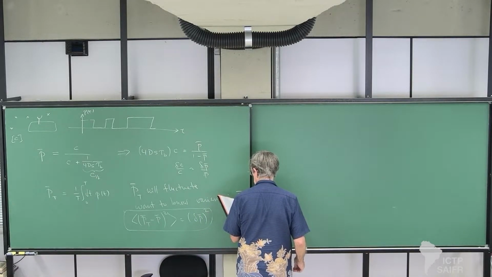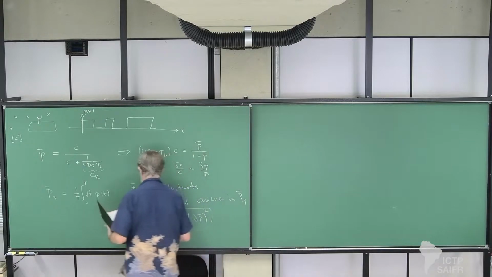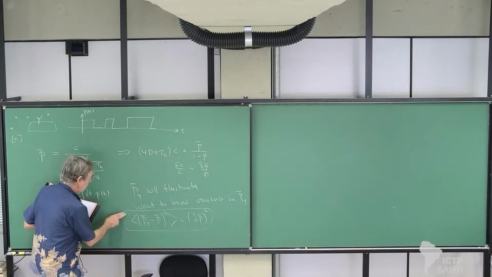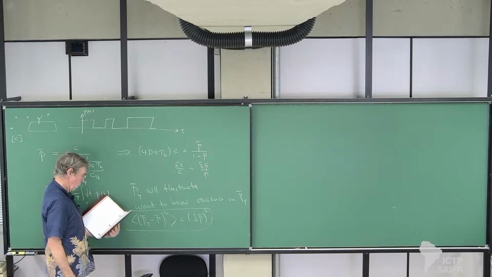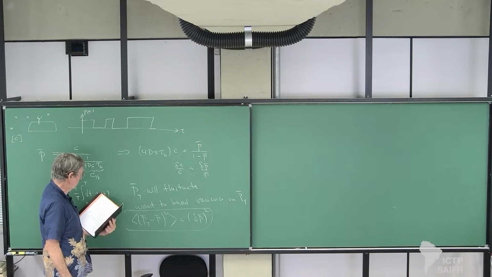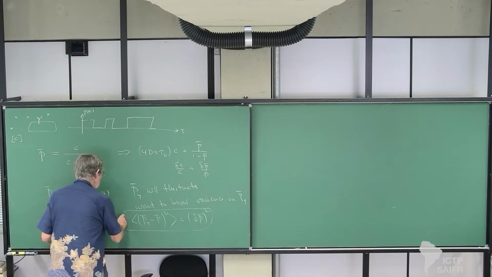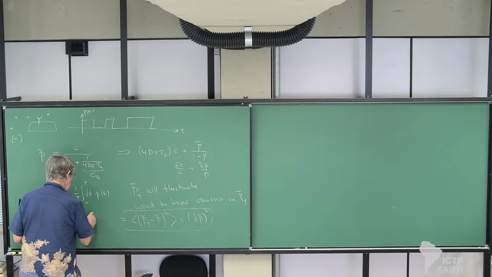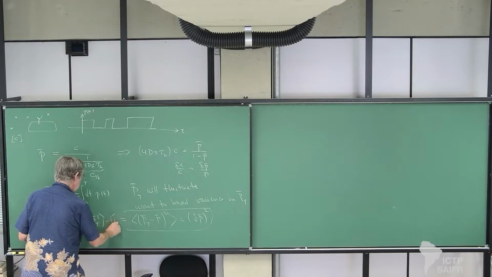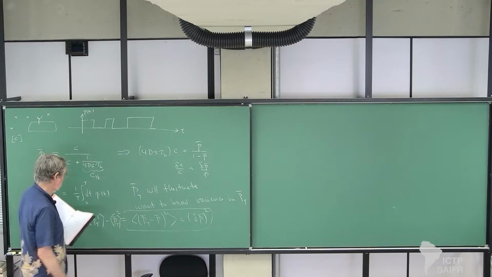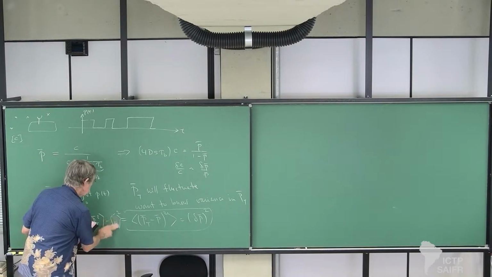I could have taken one more step: in the usual fashion, what I really want here is the average of the square of this guy minus the square of the average, minus p bar squared.